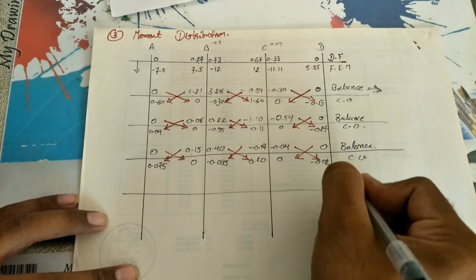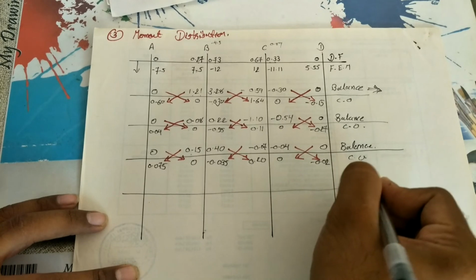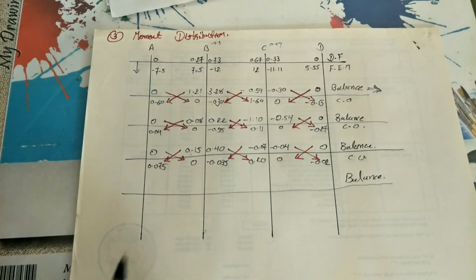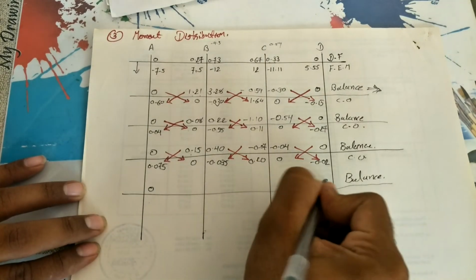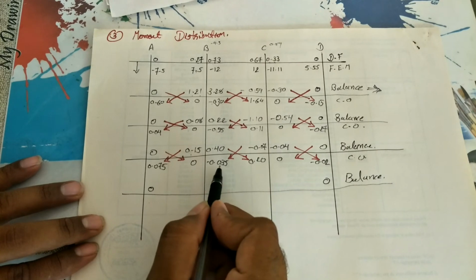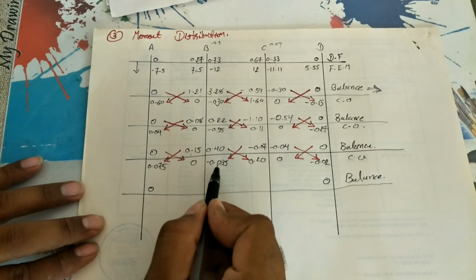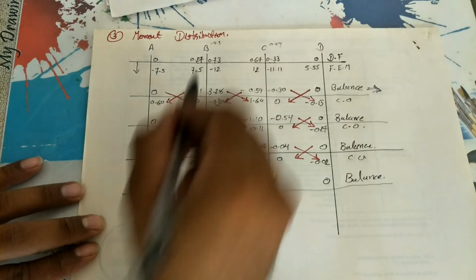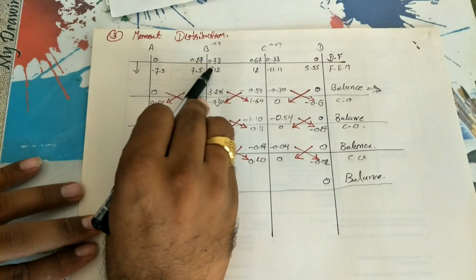After carryover, you have to balance. So how will you balance? Again, assume this as 0 0, addition of the 0 plus minus 0.035, so that answer is minus 0.035 multiplied with 0.27 and 0.73.